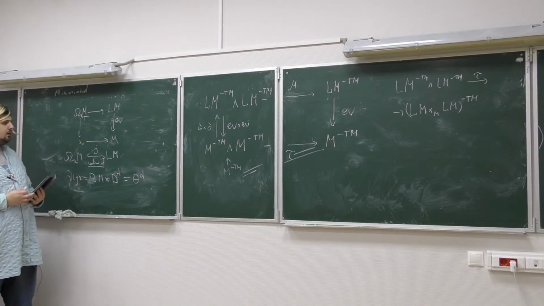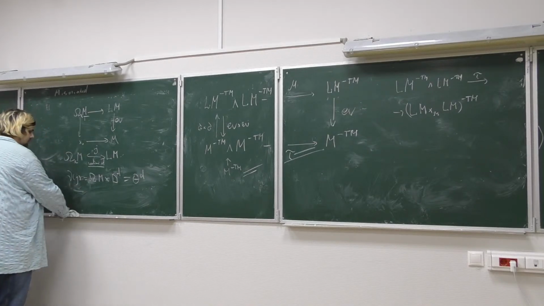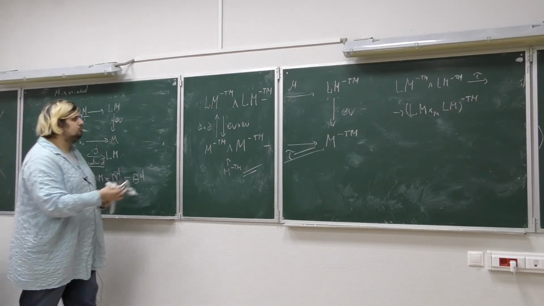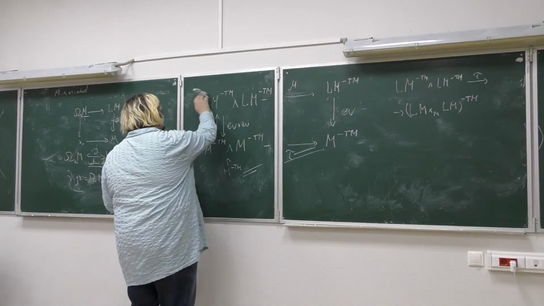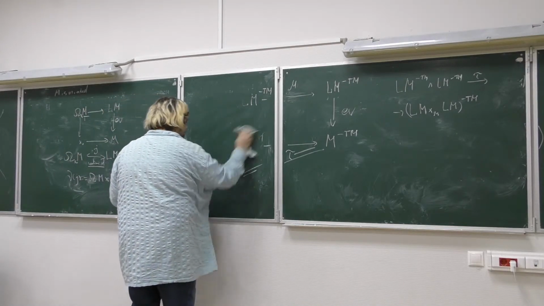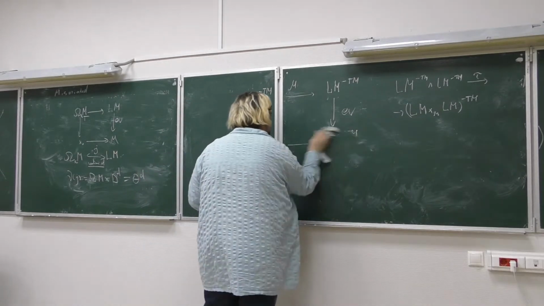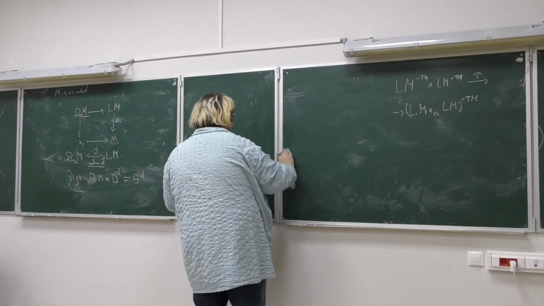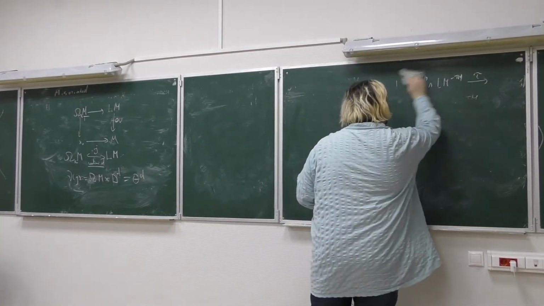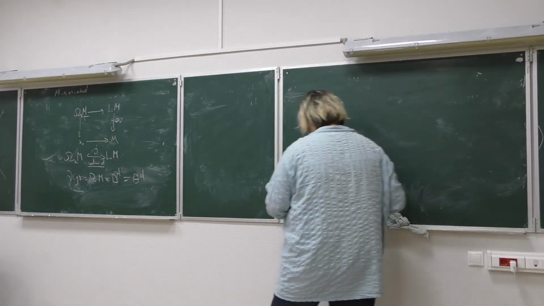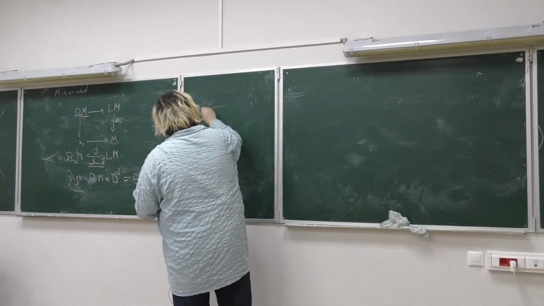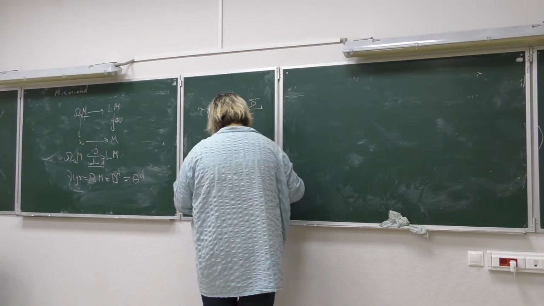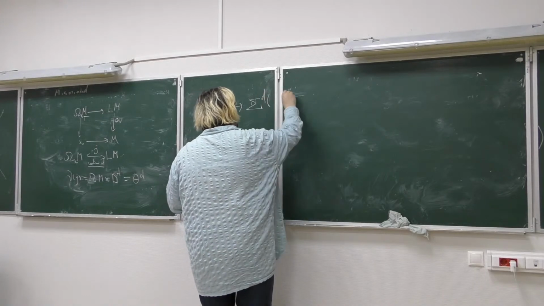So now we can apply the Pontryagin-Thom construction to this situation. Let me erase this diagram. Since we have a trivial bundle, we will now get a suspension. So the Pontryagin-Thom map goes like this.